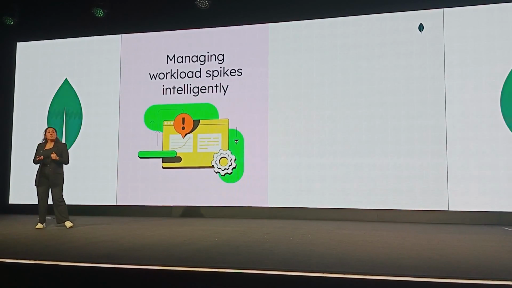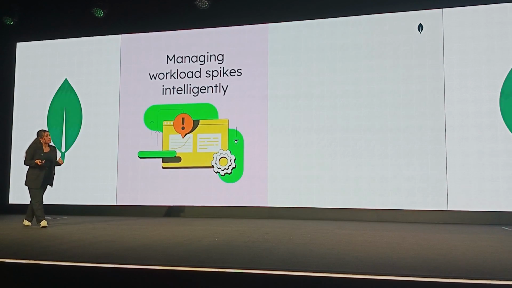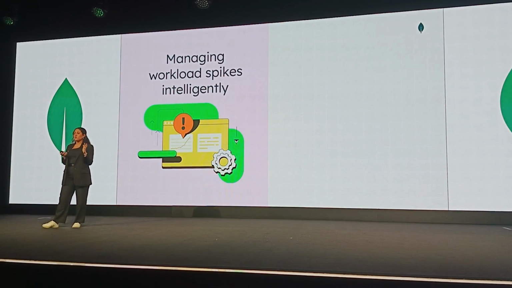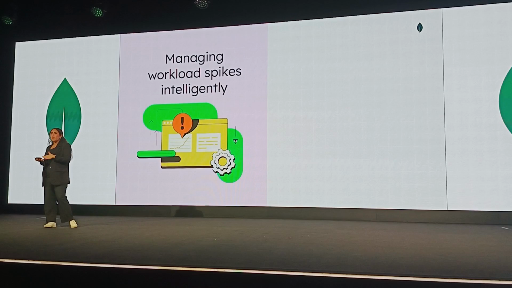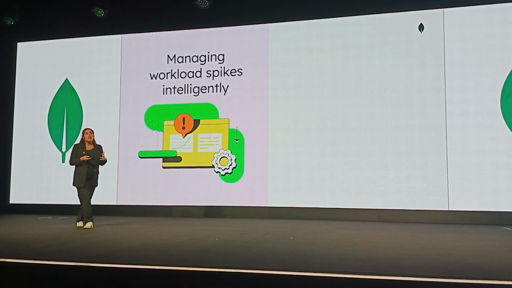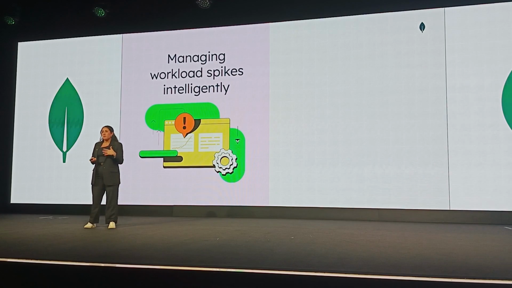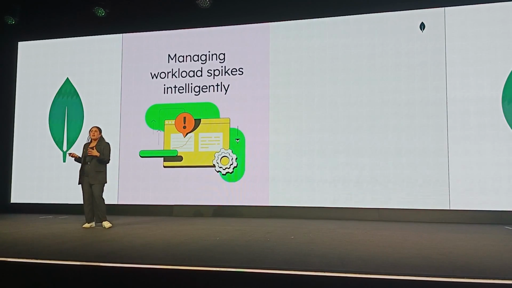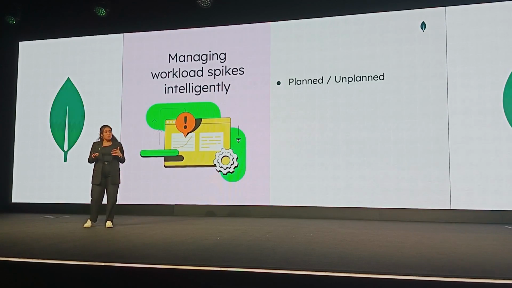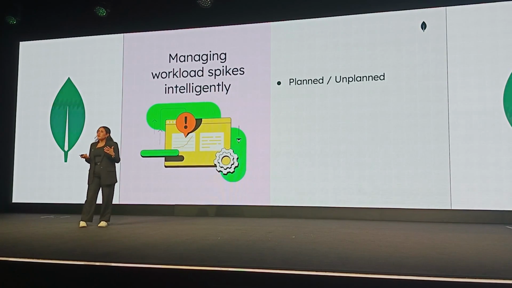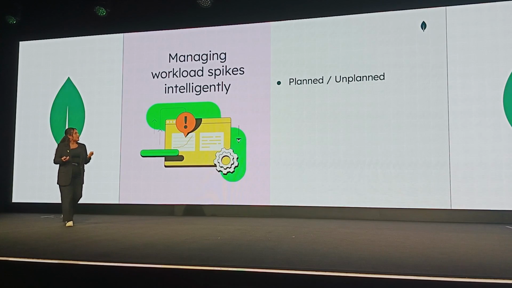Usually, you have spikes in workloads, whether planned or unplanned. Planned, for example, in retail, like Black Friday. Unplanned, let's say someone made a TikTok on a product, and suddenly you have a lot of people on your website trying to buy that product.